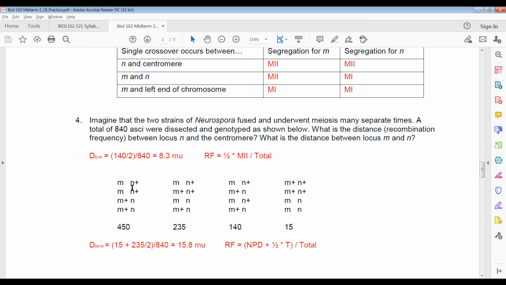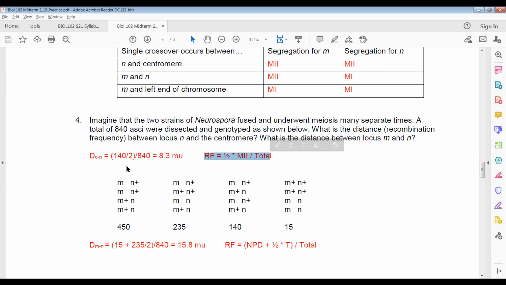If we got the spores like this, this is the number of the spores with these genotypes. Okay, how do we calculate the genetic distance between the centromere and the gene N, right? It's easy. We use this formula.